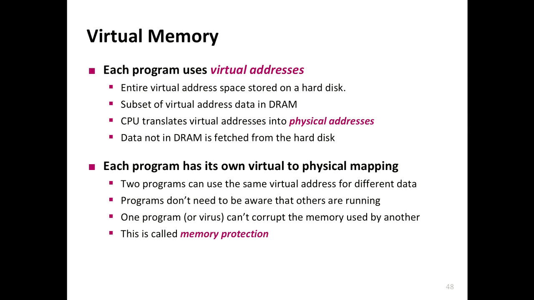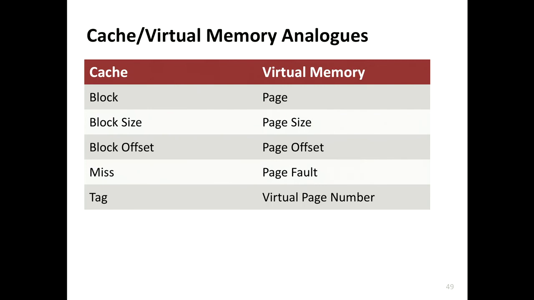To give you some exact analogs: you have caches with blocks, and the same thing is called a page in virtual memory. The block size is called the page size in virtual memory, and so on. Except that you don't have a cache miss anymore, you have a page fault. This is pretty much the analog of cache terminology versus virtual memory terminology.